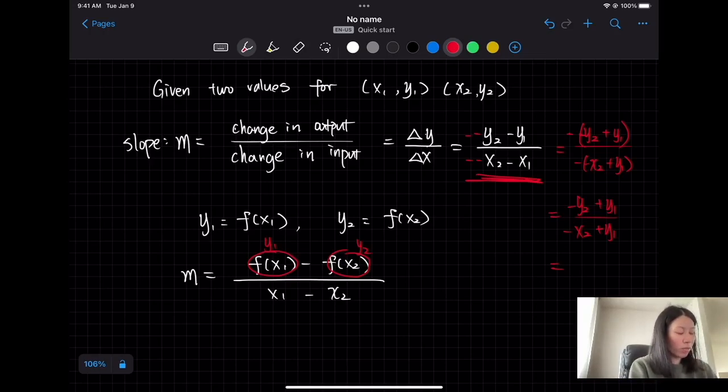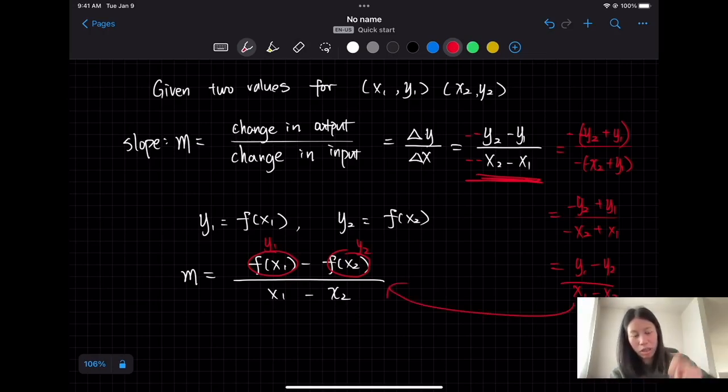Now let's switch. This is equivalent to y1 minus y2 over x1 minus x2. So when you manipulate them, they end up being the same. That means which one is in front doesn't matter, because they represent the same thing.